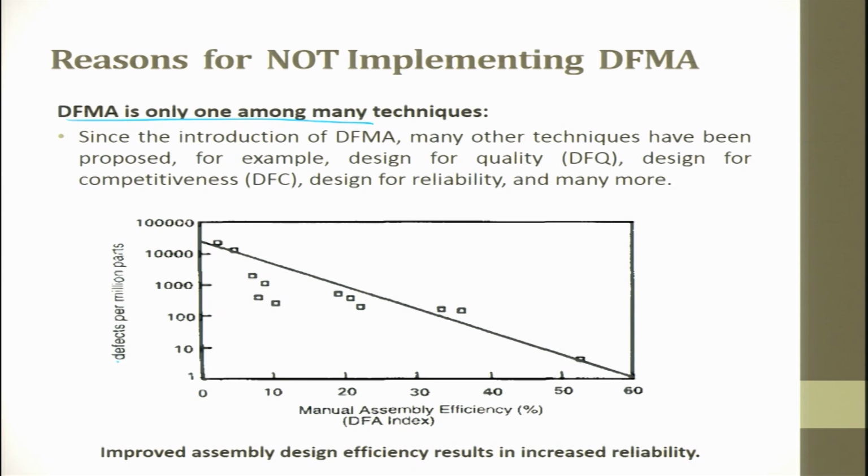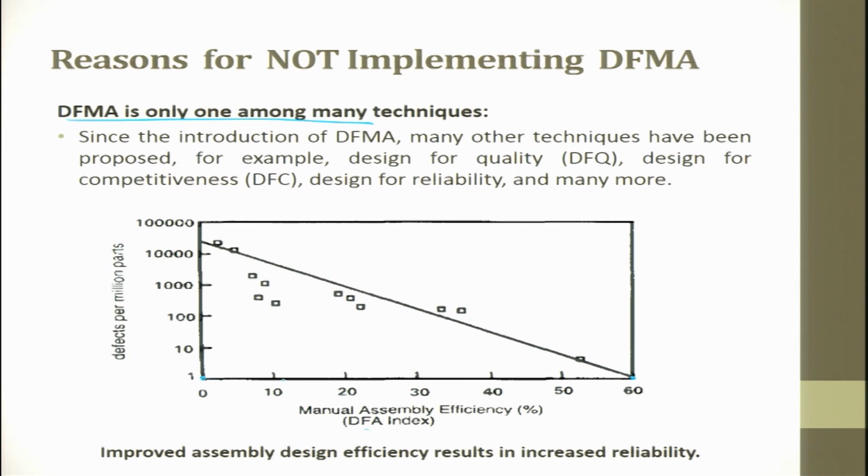If you look at it, defects per million parts, okay. So, these are in million parts. These are the manual assembly efficiency DFMA index. You see that when the efficiency is very high, 60%, the defective parts produced is 1 per million.